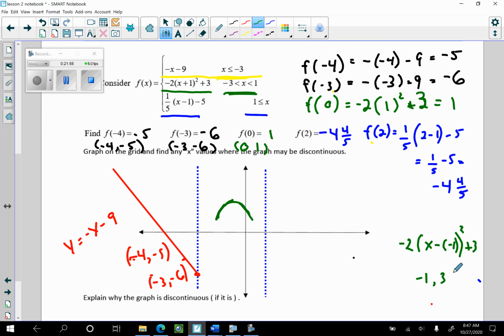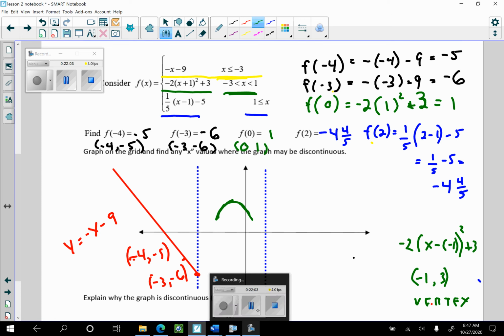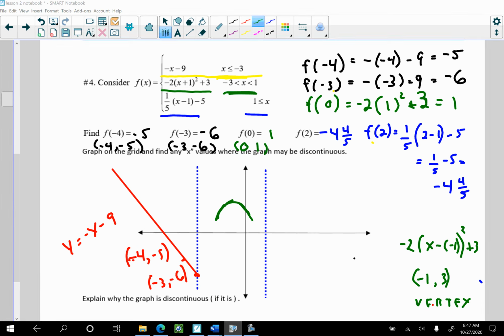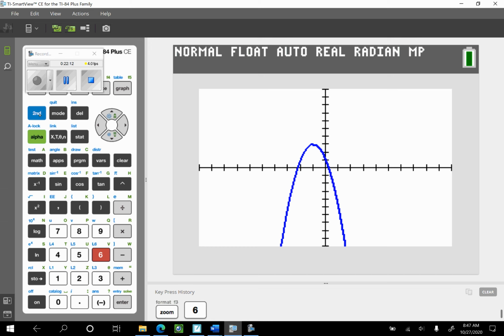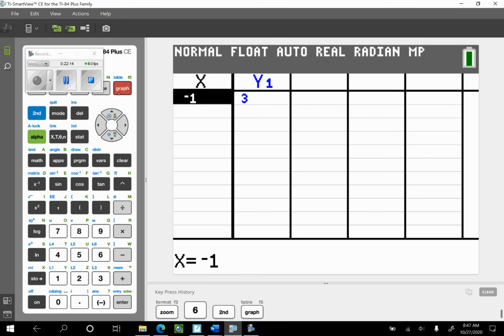So now, at least I checked it with the graphing calculator. This is the vertex. So let's go back to my graphing calculator, and I'm going to find out where that quadratic hits 1 and negative 3. I'm going to use my table feature on that. At negative 1, we don't care about that.